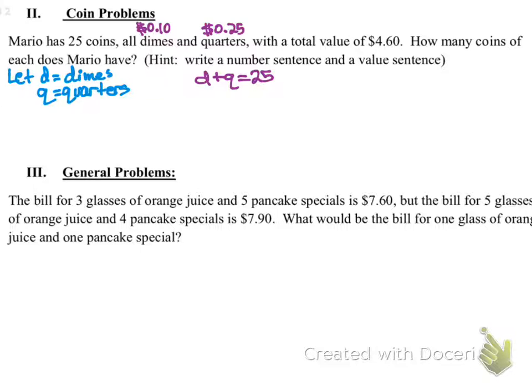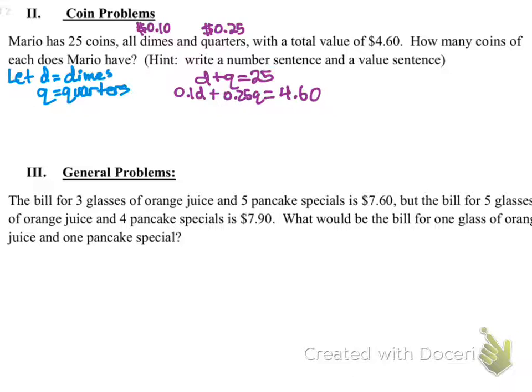We all know that. So each dime is worth 10 cents, each quarter is 25 cents, and the total value is $4.60. So the next equation, we would look at the value of it. So 0.1 times D plus 0.25 times Q equals $4.60.